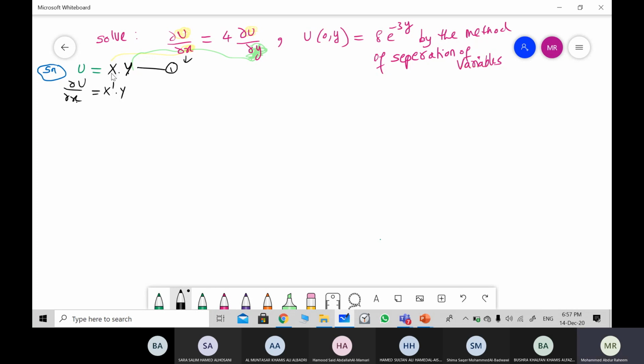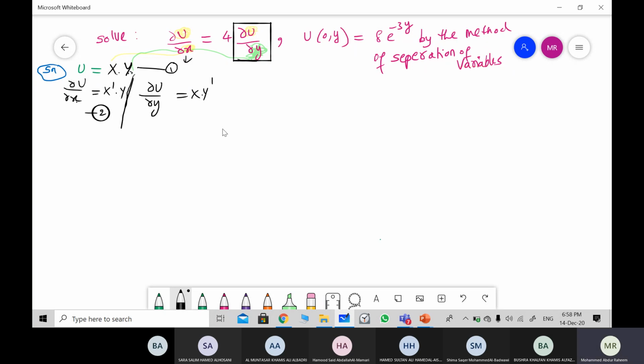But this is capital X, so we need to write X dash Y. Next, we need to find dou u by dou y. We differentiate only capital Y, X is constant now. So X Y dash. Understand?